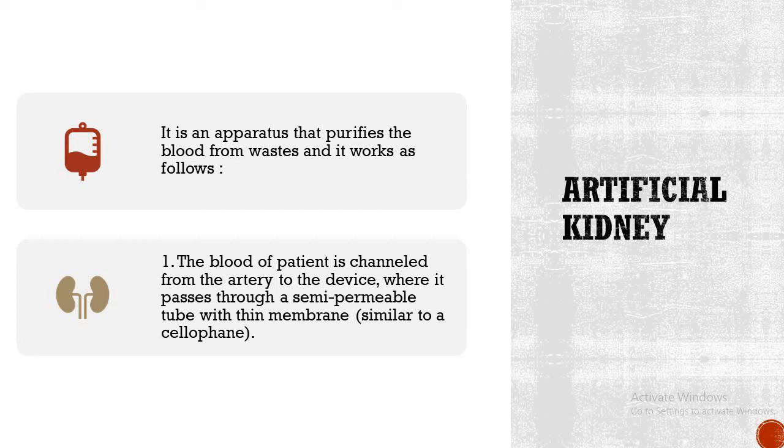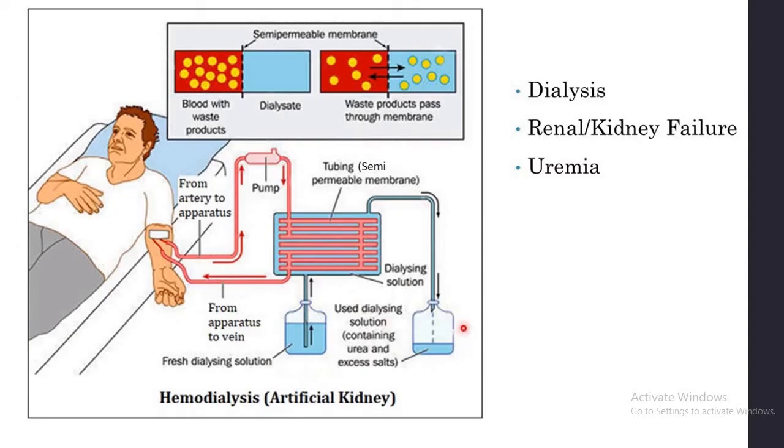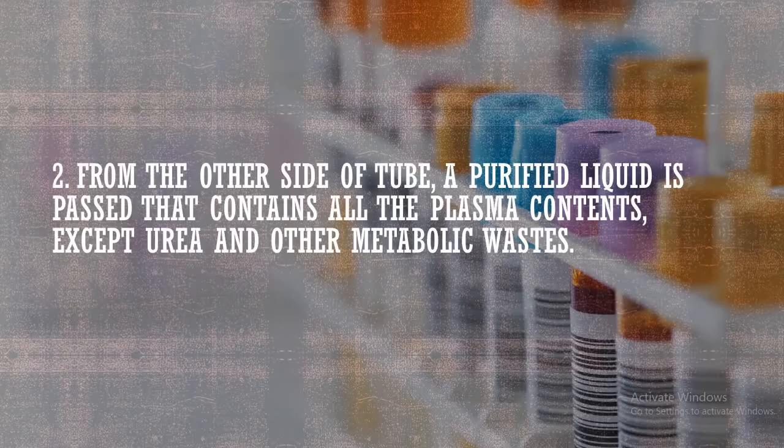The patient passes through a device with a tube-like artery, and this tube is a semi-permeable membrane to filter excess water, excess salt, excess glucose, and excess urea, and it's called dialysis. This is used for uremia, an excess of uric acid, or kidney failure.